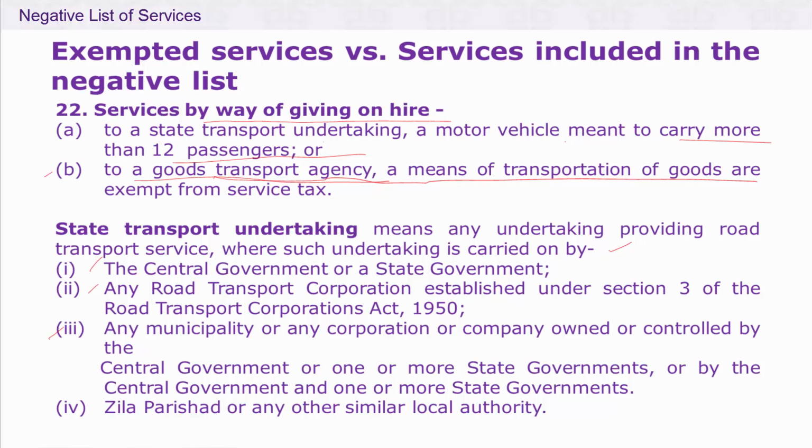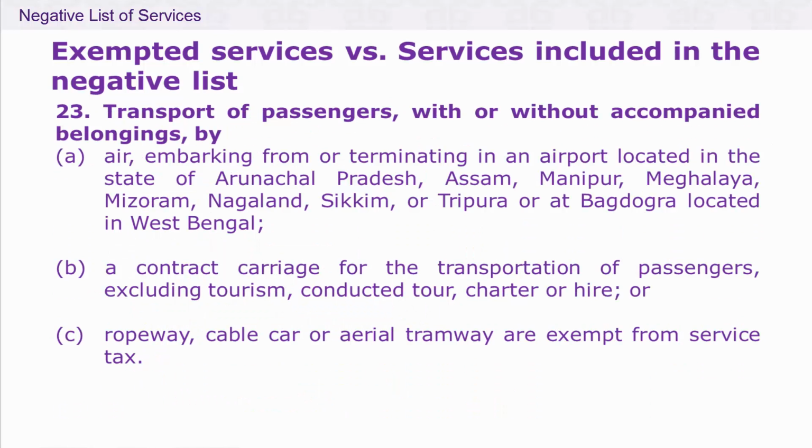Next, continuation, and entry number 23. Look at this, exempted services. Transport of passengers with or without accompanied belongings by air embarking from or terminating in an airport located in Arunachal Pradesh, Assam, Manipur, Meghalaya, Mizoram, Nagaland, Sikkim or Tripura, or at Bagdogra located in West Bengal.